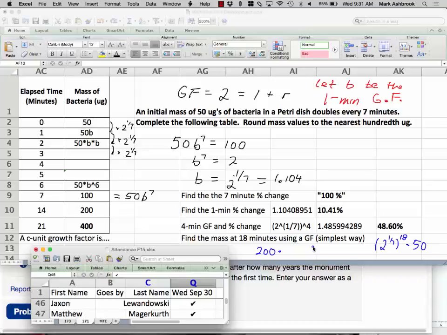What growth factor would you need to multiply by to get the mass at 18 minutes? The 4-minute growth factor. So it would be 200 times 1.486.